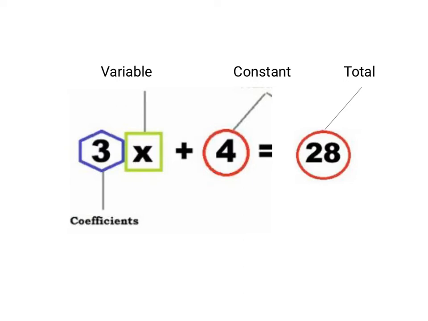The constant is a number that is by itself that is on the same side as the variable. So in this problem, the constant is a 4. And last but not least, we are going to have to find the total, and the total is going to be the number that is all by itself over there. Alright, so let's go ahead and look at problem number 1.